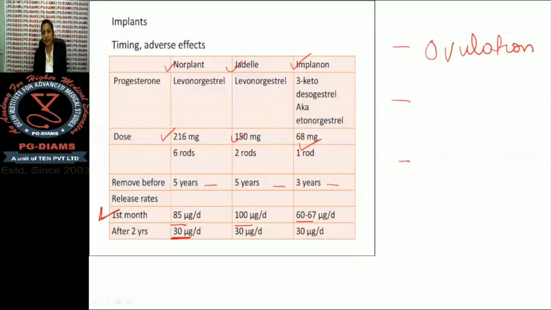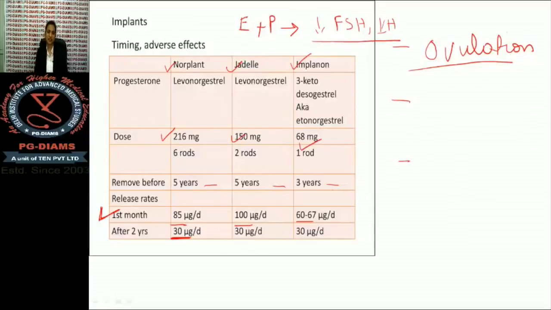The hormonal contraception, like if I am giving E plus P, estrogen plus progesterone, they have a negative feedback effect on the hypothalamus and the pituitary, and they cause decrease in follicle stimulating hormone and LH secretion. You require FSH for stimulation of follicles in the ovary and you require LH for final ovulation.